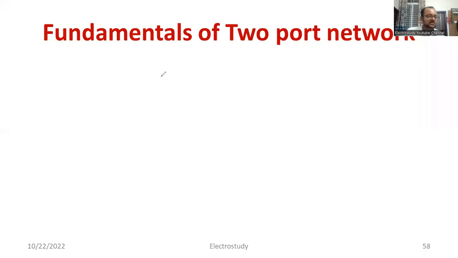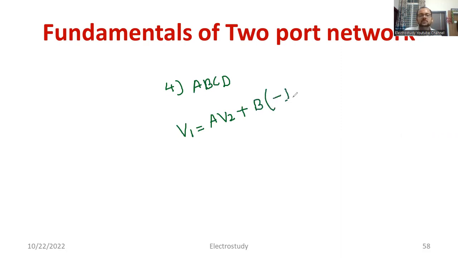Now I am going to discuss ABCD parameters. Fourth one, ABCD. It's also known as transmission parameters. So how can we express ABCD parameters? V1 is equal to A V2 plus B into minus I2.